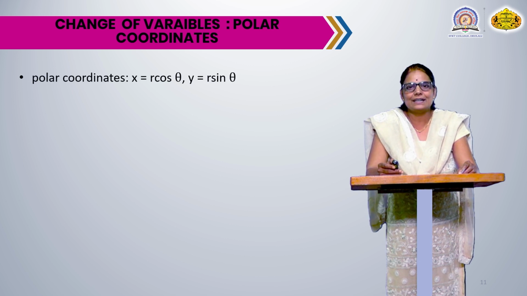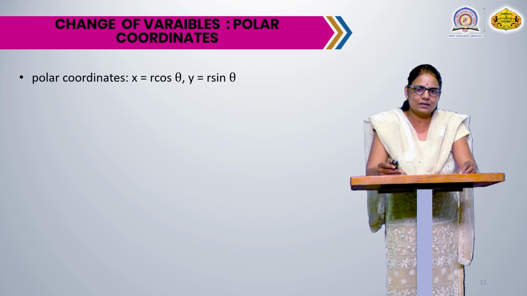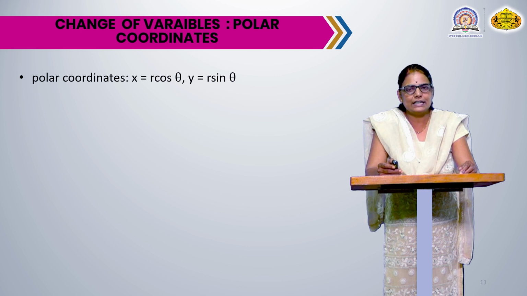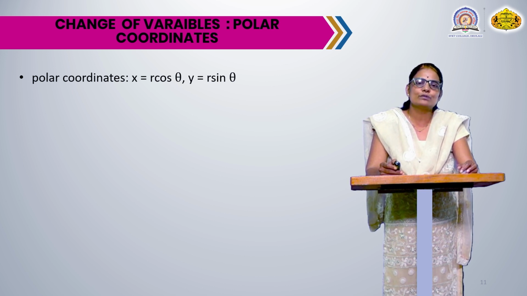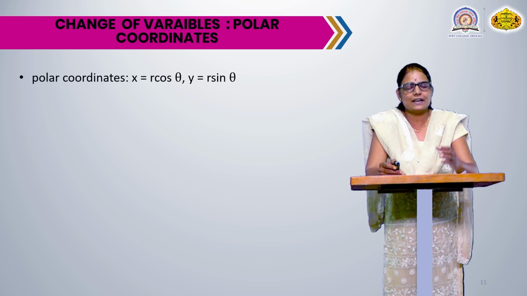So we have already studied the substitution method, that is, double integral by using polar coordinates. We know that suppose we consider the point x y in a two-dimensional space. These are called the Cartesian coordinates, and consider its polar coordinates as r theta.